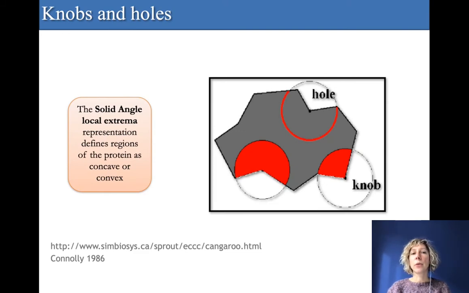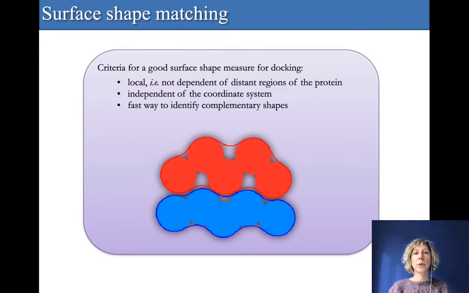So you may also use a description where you consider knobs and holes. So holes are concave parts of the surface and knobs are convex parts. And the criteria for a good surface shape measure for docking are that it should be local, so not dependent on distant regions of the protein.